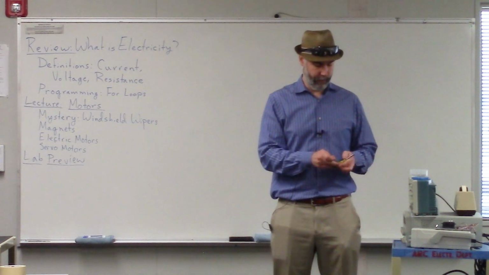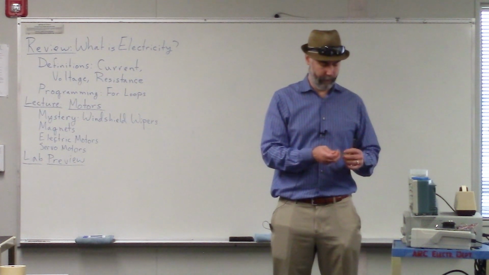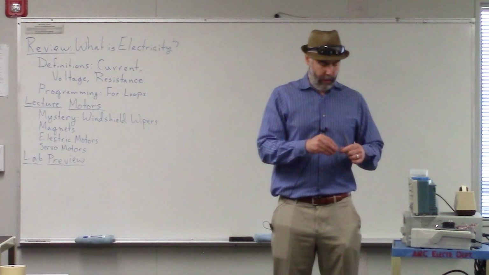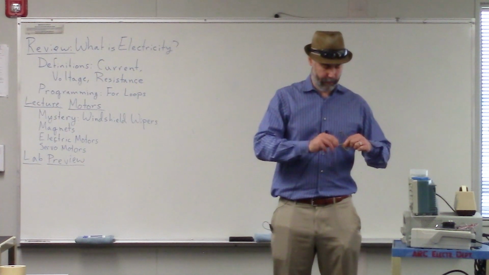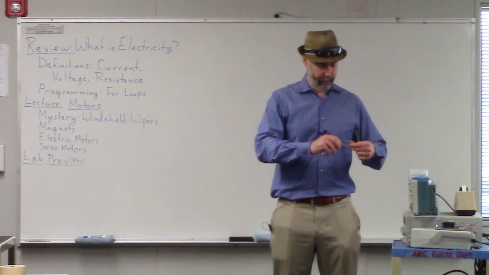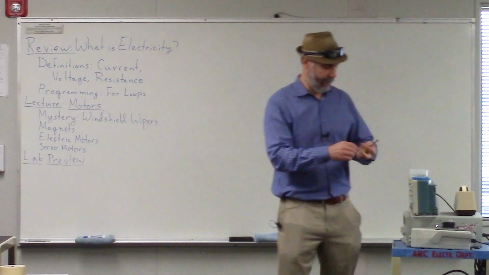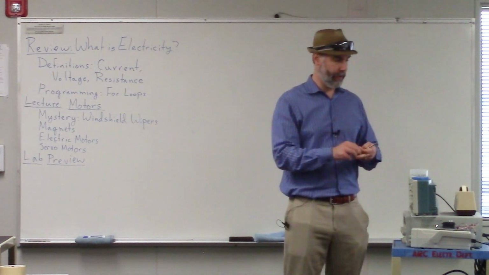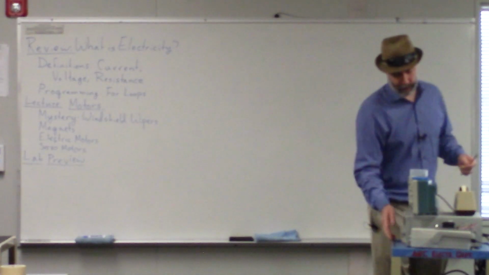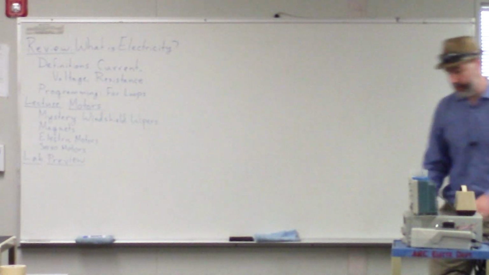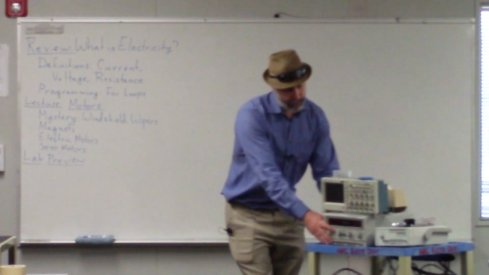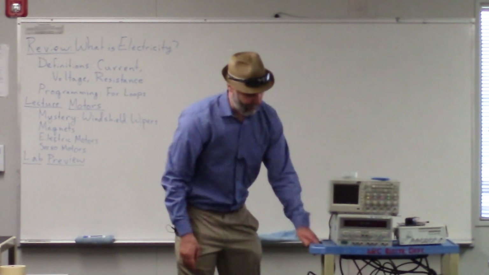Okay, so I've got this wire wrapped around the nail now. Now what I'm going to do is hook it up to my power supply here. This thing on the bottom of my cart is a power supply.